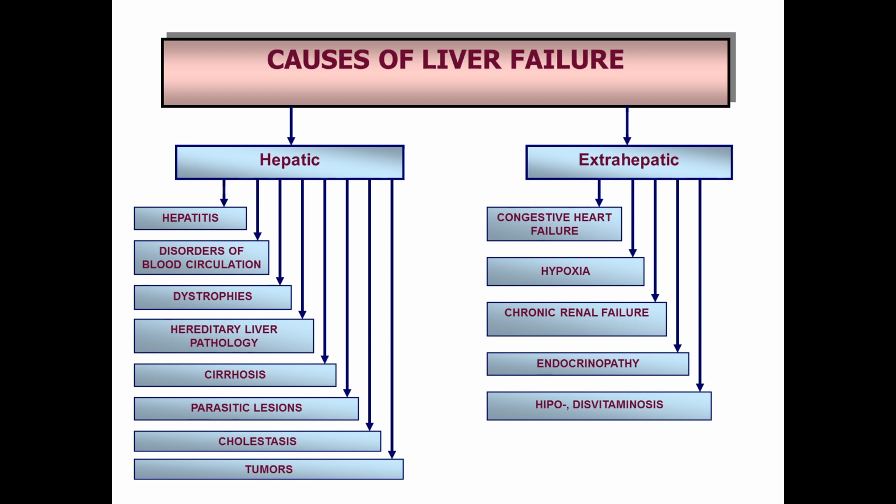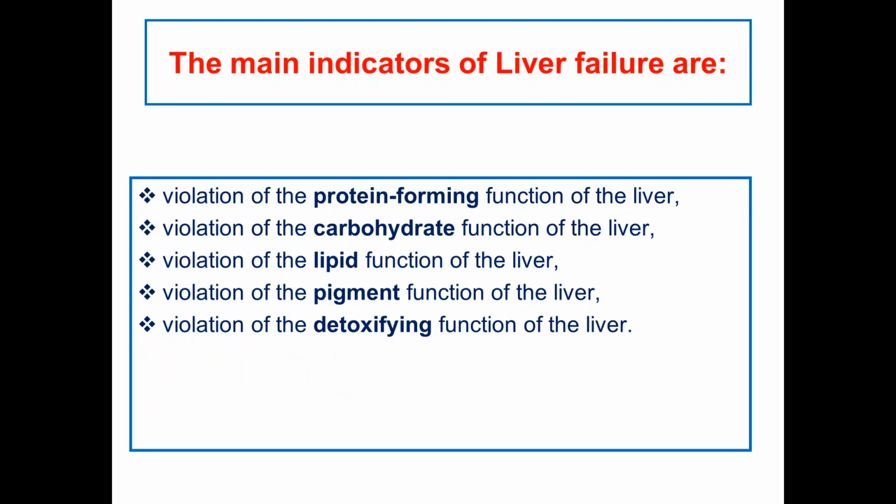Extrahepatic causes are congestive heart failure, hypoxia, chronic renal failure, endocrinopathies, and hypodysvitaminosis. The main indicators of liver failure are violation of the protein-forming or synthetic function, carbohydrate function, lipid function, and pigment and detoxifying function.